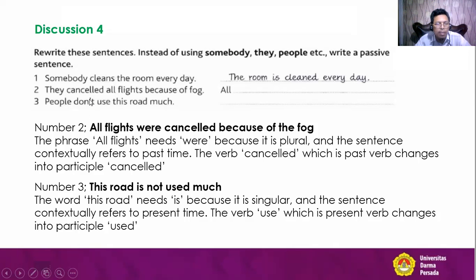Because originally the sentence is negative. The phrase this road needs is, because it is singular and the sentence contextually refers to present time. Present time, see, we have don't, that is present. The verb use, which is a present verb, changes into participle used. And I forgot to write down that we use not because this is negative.